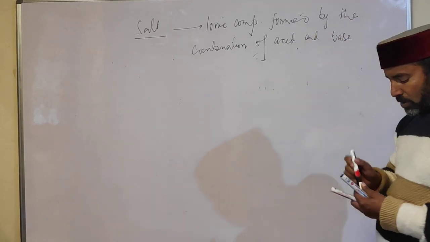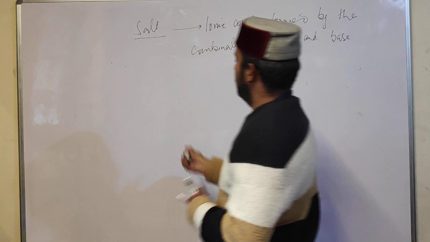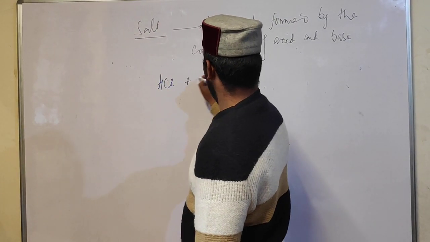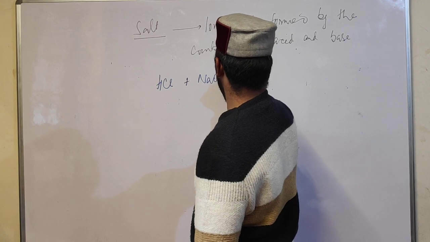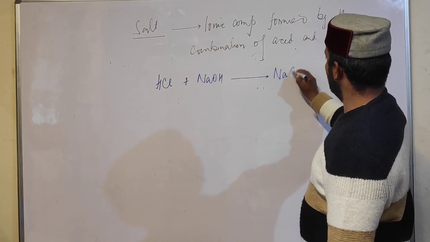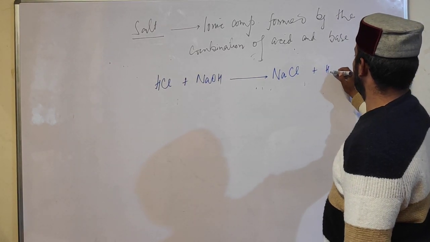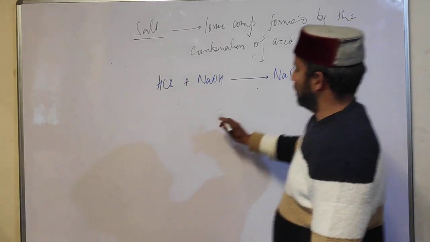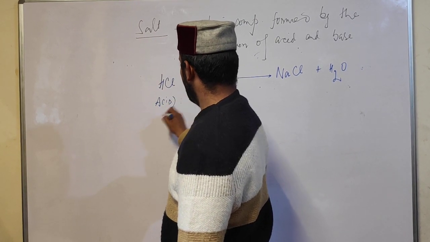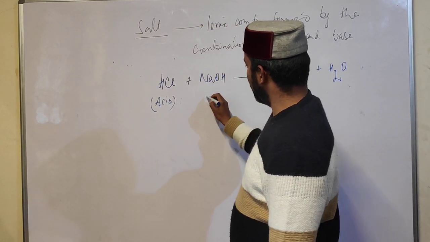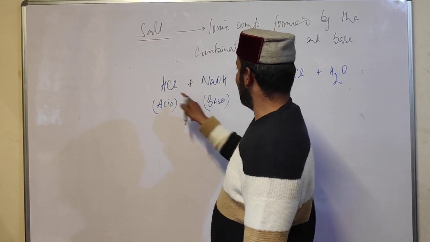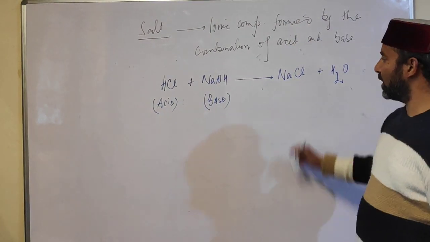Now for example, look, hydrogen chloride or HCl, when it combines with NaOH, we get sodium chloride and water. So students, HCl is an acid, sodium hydroxide is a base, and when acid and base combine we get an ionic compound.